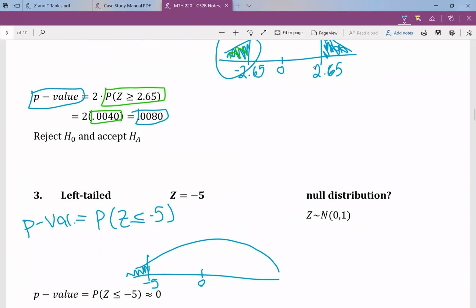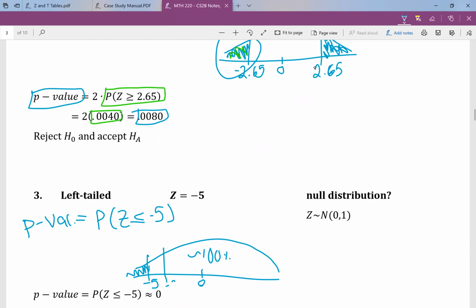We can say that because approximately 100% of our area is between -3 and +3. Maybe I'll go ahead and make a note of that.